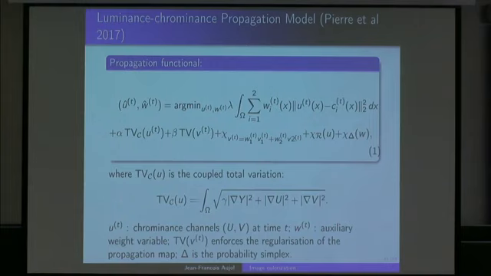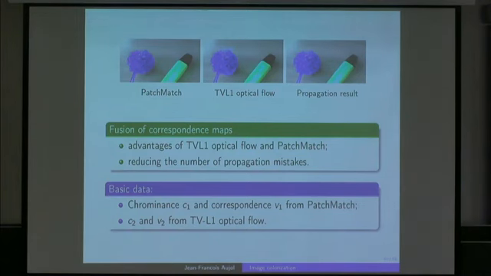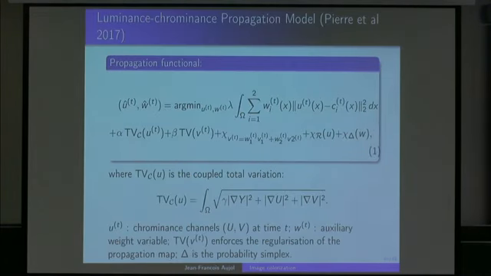We still have the regularization on the chrominance component. We have some constraint on the chrominance component and the weight W, and we also had to add some regularization on the vector field, on the correspondence map V_t.